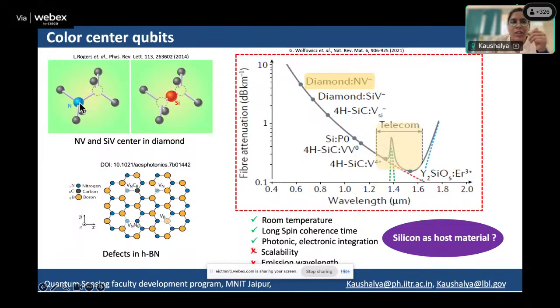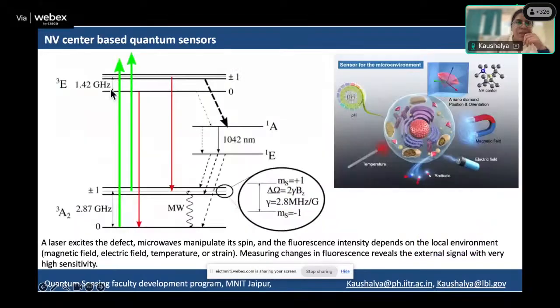This makes the nitrogen vacancy center. The interesting aspect of the NV center, if you look at its band structure, is that you have a wide band gap for the diamond, and somewhere in between the band gap there is an energy band associated with your NV center.